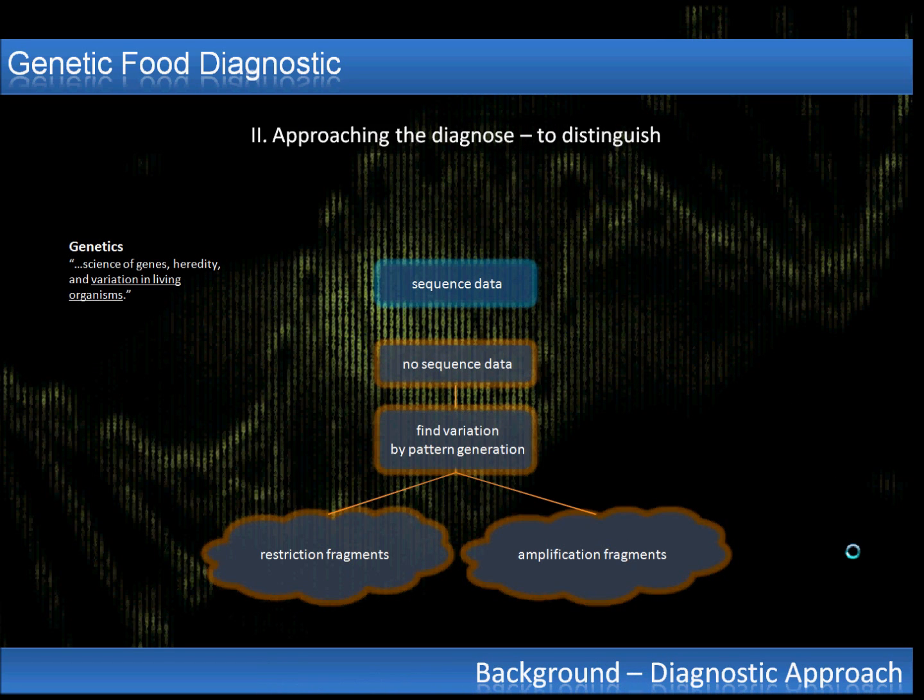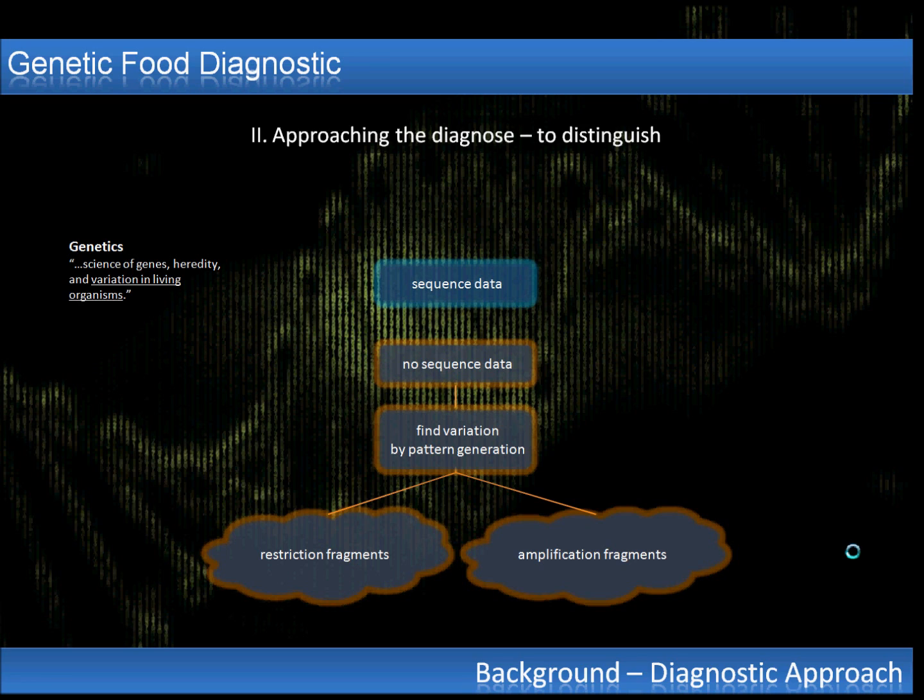Now to distinguish, there are two scenarios. First, this little citation from Wikipedia: genetics is the science of genes, heredity and variation in living organisms. So to make genetic food diagnostic and to distinguish between different plants that should be used or should not be used for a certain product, there are two scenarios.